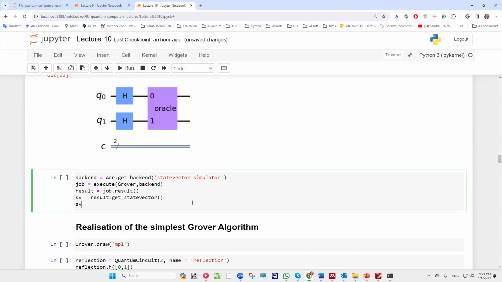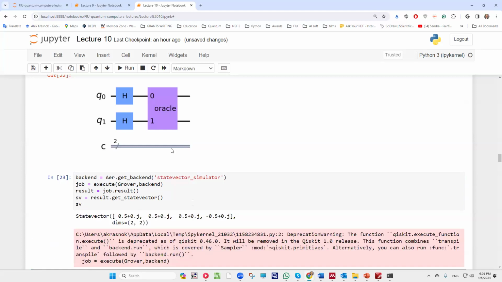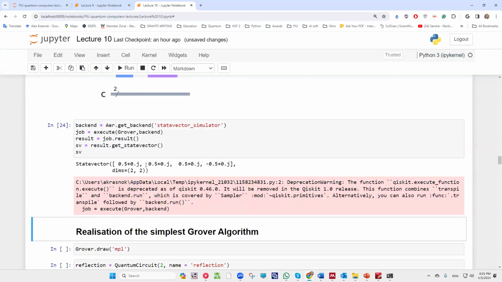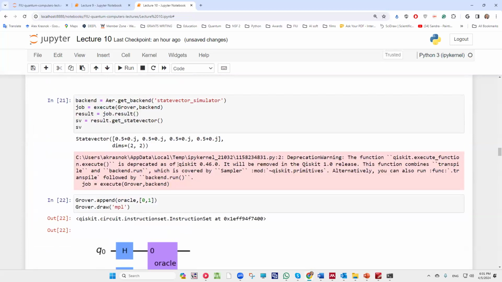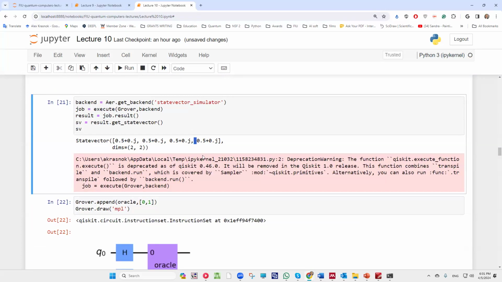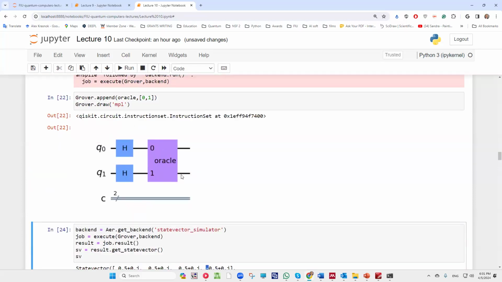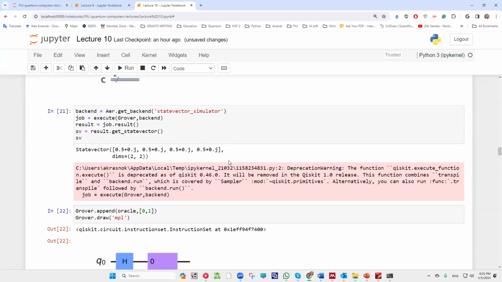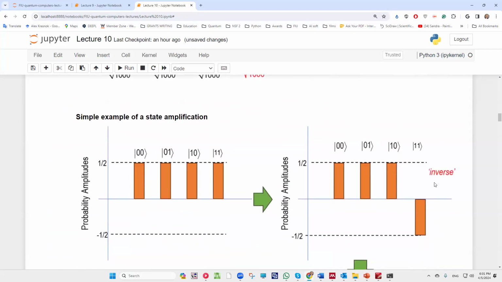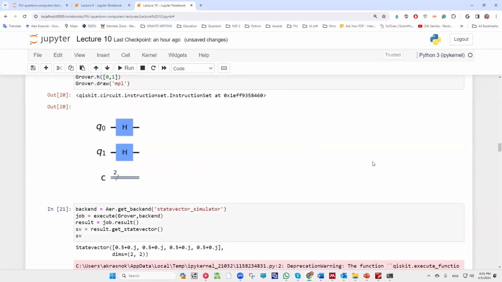So let us simulate this circuit, and we still use the state vector simulator. This is the result. As you can see, indeed, we get this minus here, right? We started from plus in the element 1, 1, and we come to minus at the element 1, 1. So indeed, this oracle flips the sign of the last element, which is the state inverse in our algorithm.